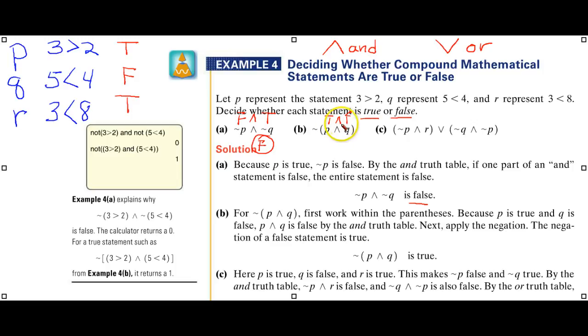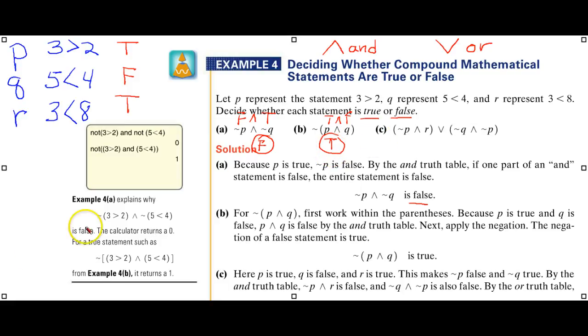Both must be true, so this is false. But now we are negating, not false, so this is true. Once again, this was true, this was false. So this statement internally is false. But then when we negate, or say not false, it makes it true.